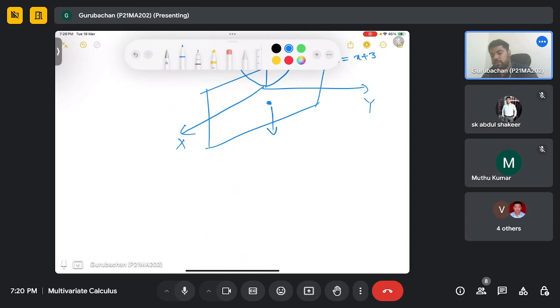So now let us proceed with the next question. Question number 4. Since we have seen how to verify the divergence theorem, I am giving you one question again related to divergence theorem.